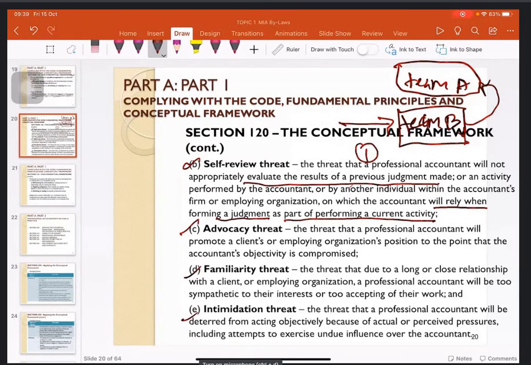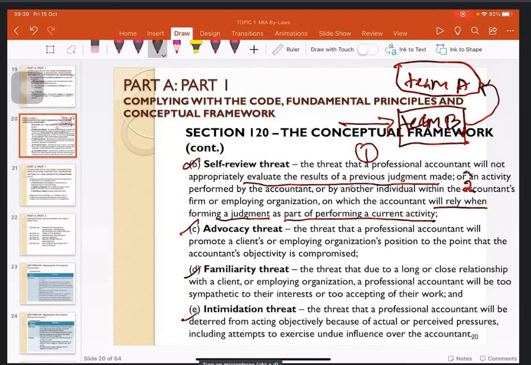So bila you review the previous working paper, you discover ada kesilapan dalam dia punya working paper. Salah judgement ke, salah sample size ke, ataupun ada benda yang dia tak discover ke, ataupun dia buat test, dia dapat result tetapi dia misinterpret the result. Okay? That one also adalah one of the self-review threat. Ini you kena tahu detail sebab soalan boleh tanya macam-macam jenis. And this is the first situation.